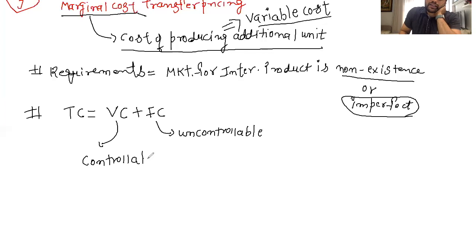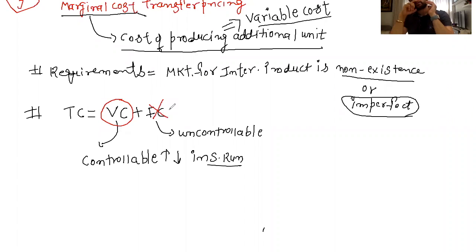So which means this variable cost could increase or decrease in short run. All right, in short run. So this method focuses much more on variable costing instead of fixed costing. Why? Because using fixed cost to estimate the price is completely not relevant. That's what we learn from relevant decision making.